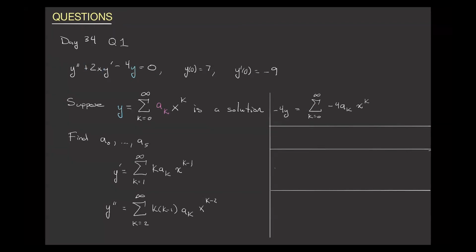That gives us 2x y prime is equal to the series 2k a sub k x to the k, because we have multiplied by x. So we have x to the k minus 1 plus 1.